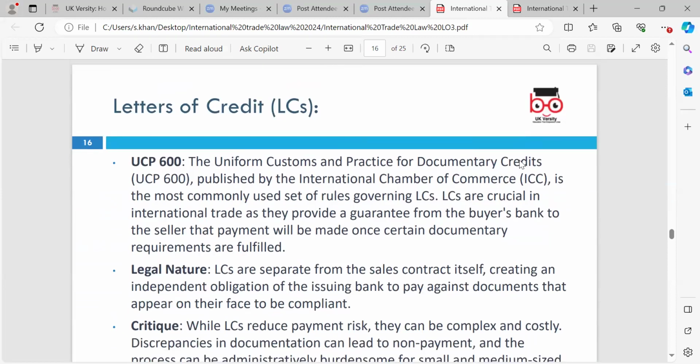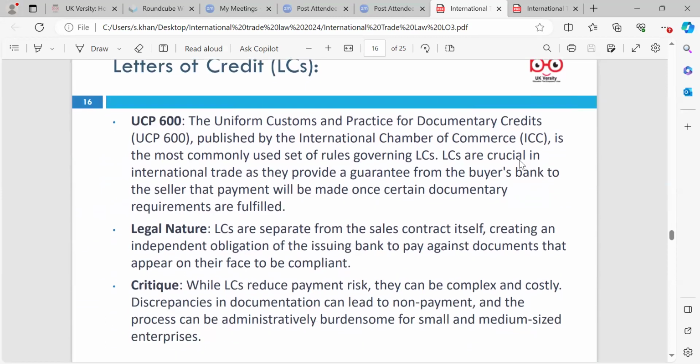So we looked at letters of credit and UCP 600, which is the Uniform Customs and Practice for Documentary Credits, published by the International Chamber of Commerce, ICC, and is the most common set of rules governing letters of credit.